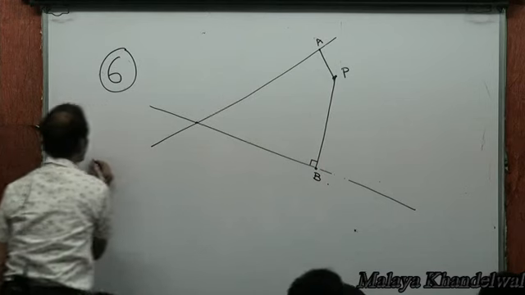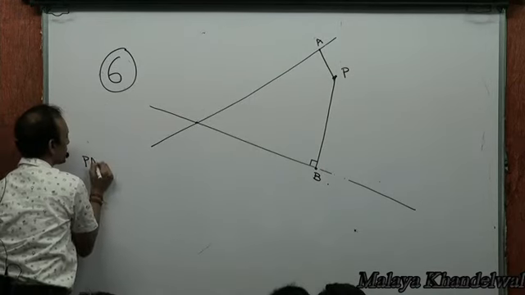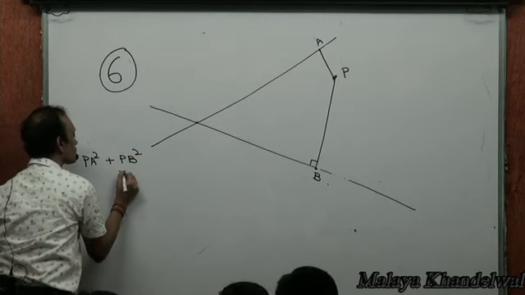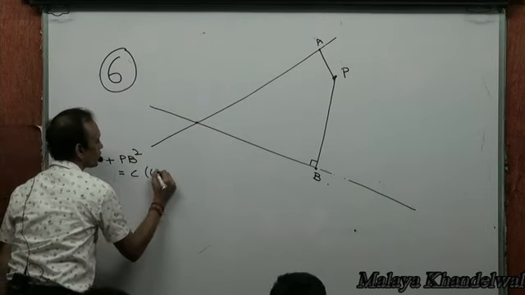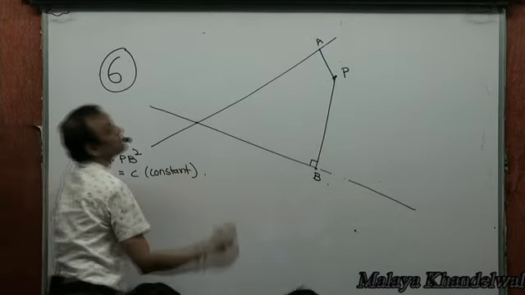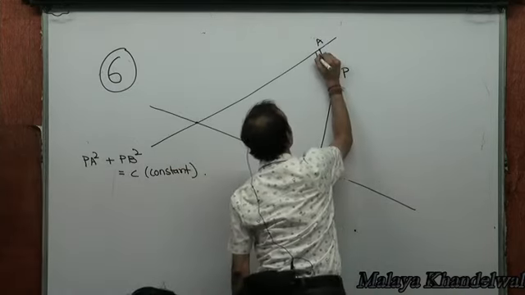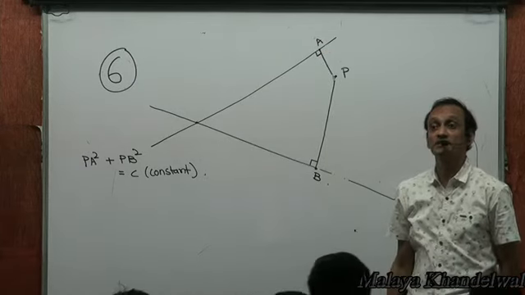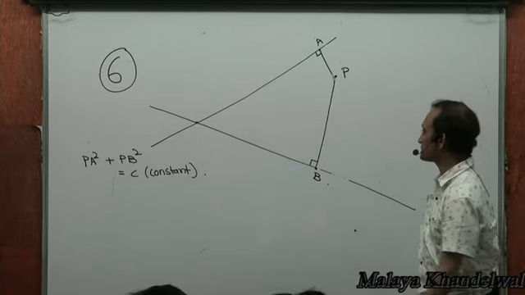This point P moves in a manner that PA squared plus PB squared is a constant C. We want to establish then that the locus of P is an ellipse.